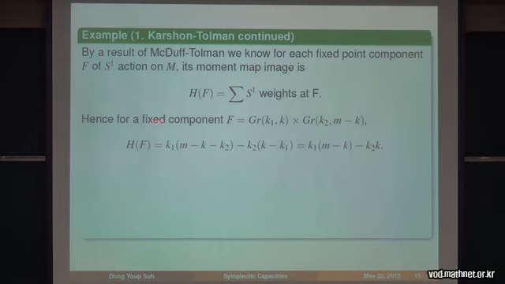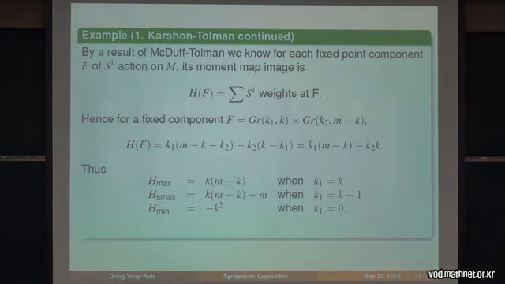Hence, for a fixed component F of this form, I have decomposed the tangent space into four different pieces, and the second and third have weight minus 1 and plus 1, and the others are 0. So from this computation, and then from this summation of weights, you know the image of the moment map, you know exactly, you can calculate this.